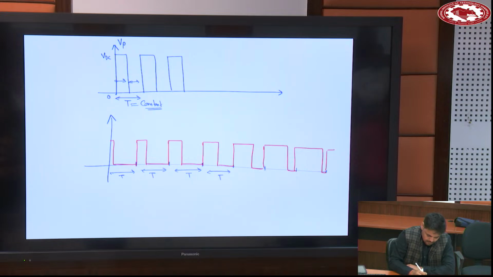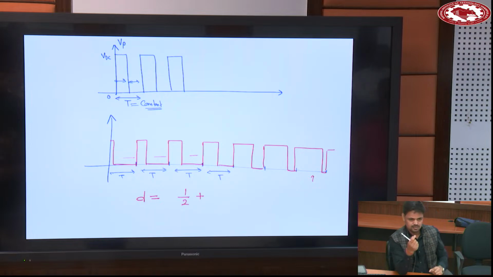Here the turn on time, T on, is very less. Then it is increasing, then increasing, then increasing. It will be maximum here, then it will go down, down, down, down. So I am changing this duty ratio, duty function, something like this.